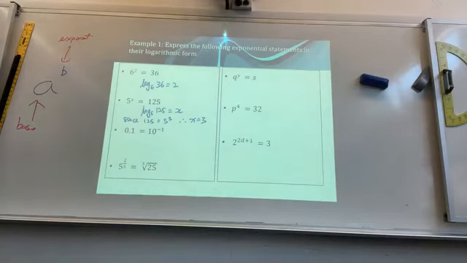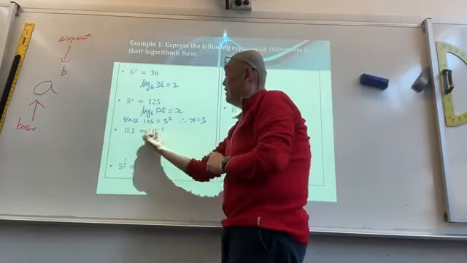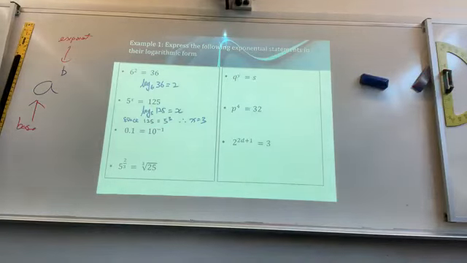Now, the next one, I'm a little bit cheeky. You could actually change the right hand side to the left hand side, so that you know these have the power of minus 1.